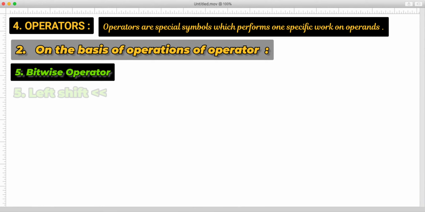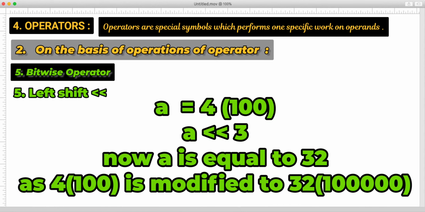Now coming to our next operator, that is the bitwise left shift operator. While using this operator, the change is made on the first operand. As you can see on the screen, a is equal to 4 and we have written a left shift operator, then 3. So what it is going to do is add 3 zeros at the end of the binary code of a.